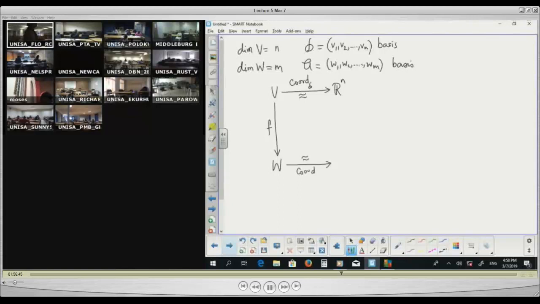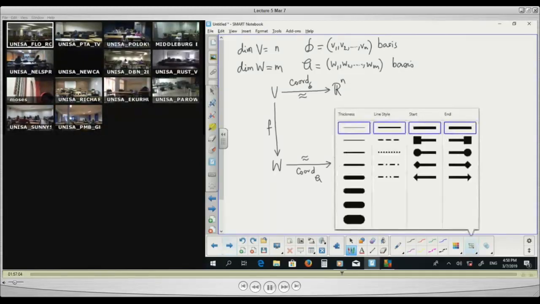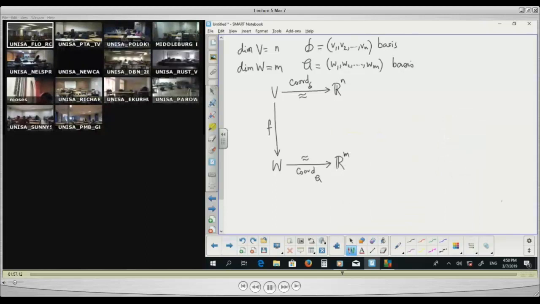To define a linear transformation, I'm going to define one. How do I do that? Let's see. I'm going to define something here. Okay? So, to do that, let me first put down this matrix.